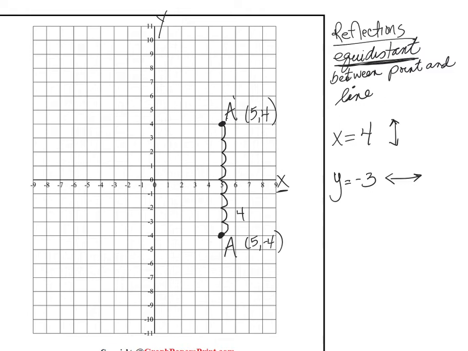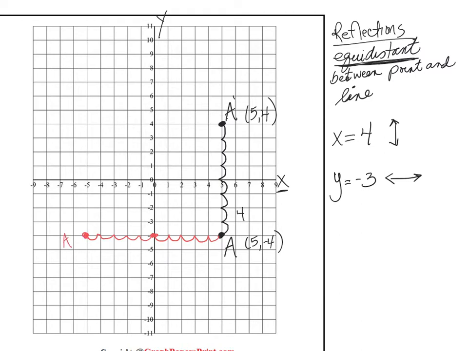Now, if I was going to reflect over the y-axis, or my vertical axis, the steps are exactly the same. I'm going to count 1, 2, 3, 4, 5. So I'm 5 units to the y-axis. So to reflect over the y, I need to do 1, 2, 3, 4, 5 units over.